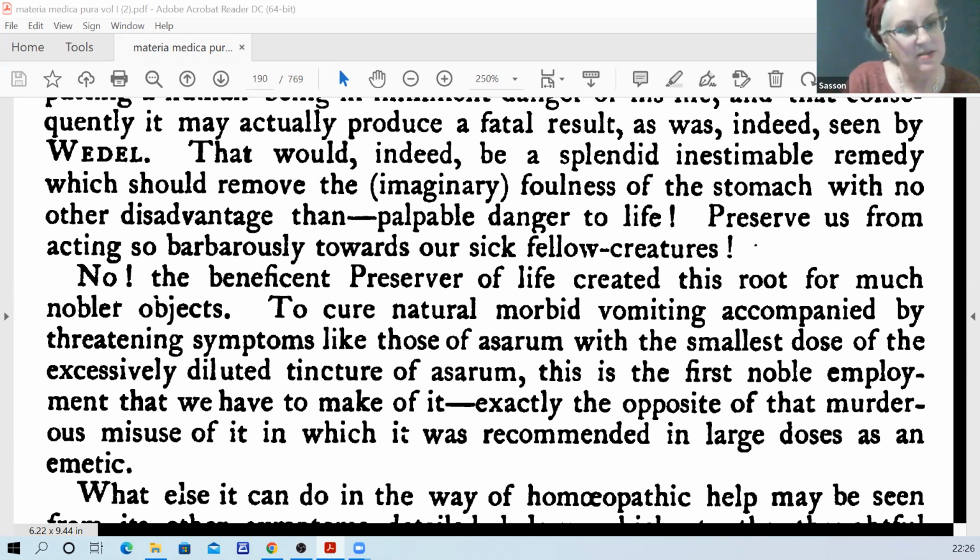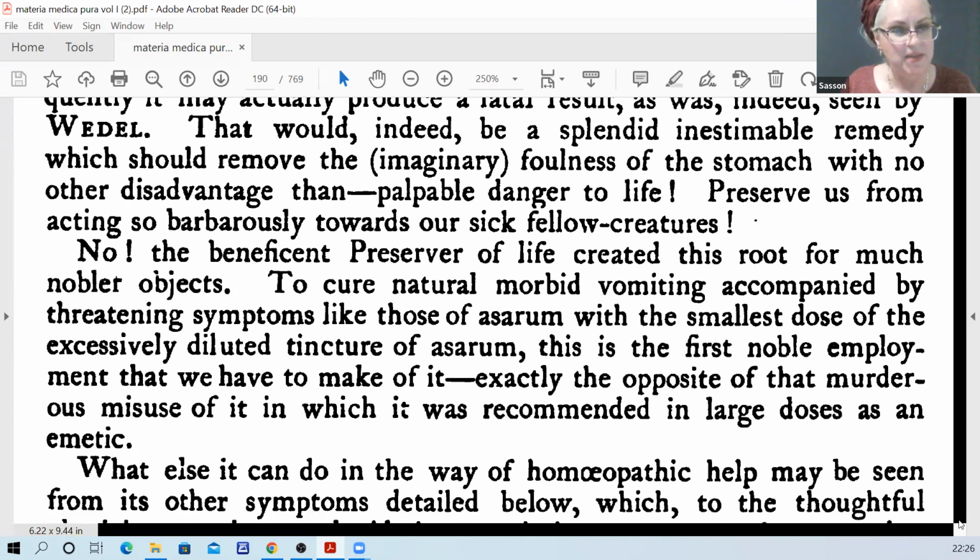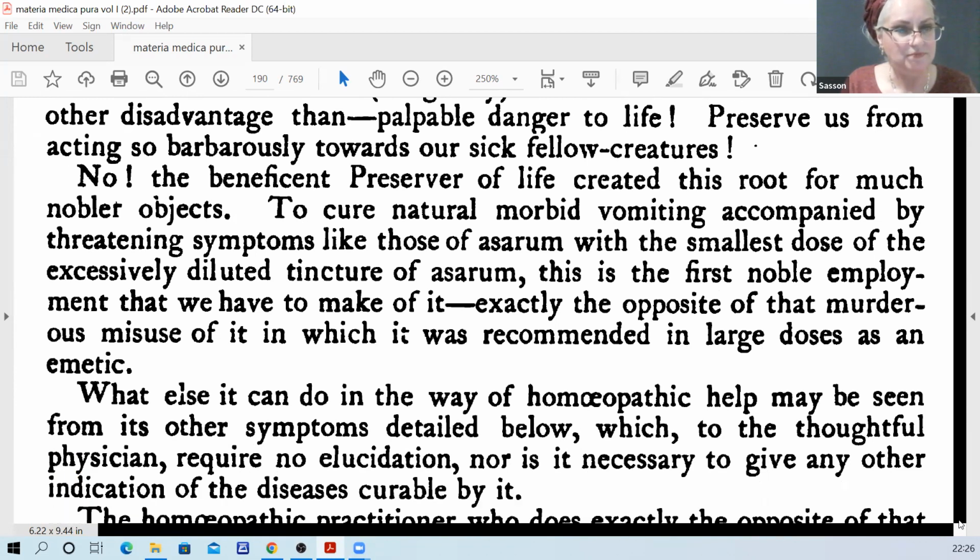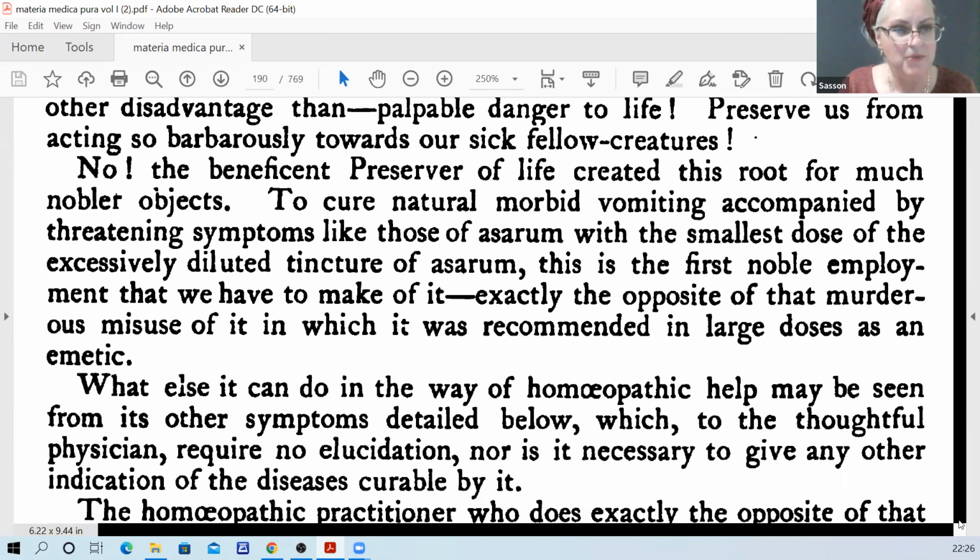And so he goes on to say that the misuse of large doses could surely not have been intended. We need to use things in a safe and sensible way, homeopathically, because in the homeopathic preparation, it will cure the same thing that it causes. And it will not be a murderous misuse.